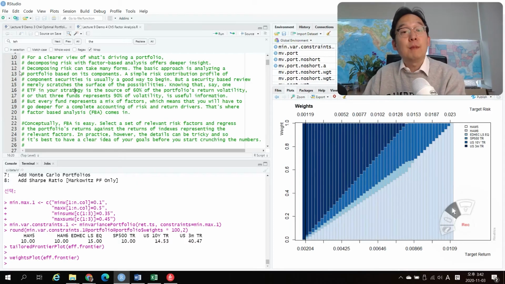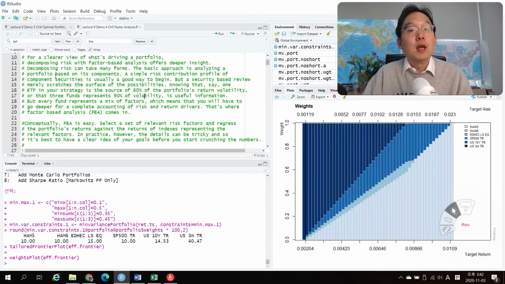So, decomposing risk can take many forms. The basic approach is analyzing a portfolio based on its components. A simple risk contribution profile of component securities is usually a good way to begin, but a security-based review merely scratches the surface of the possibilities.